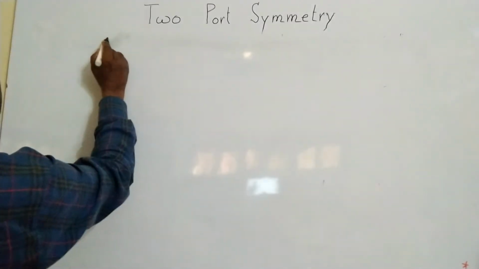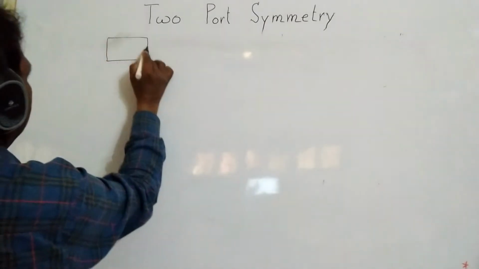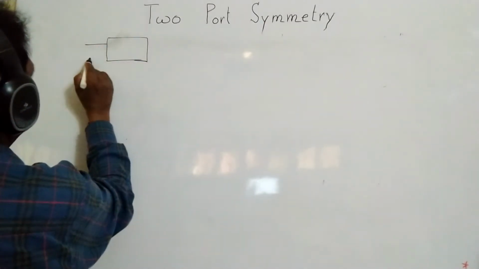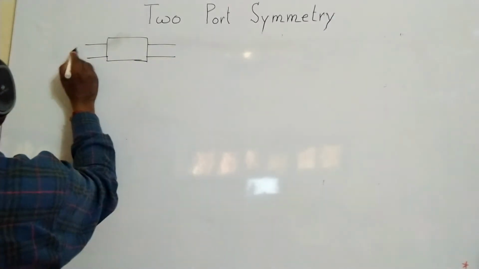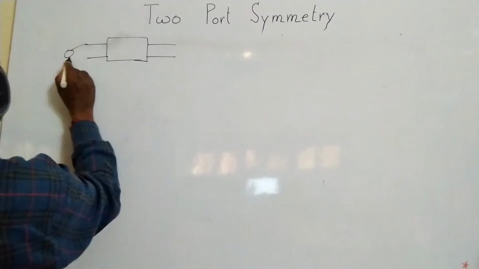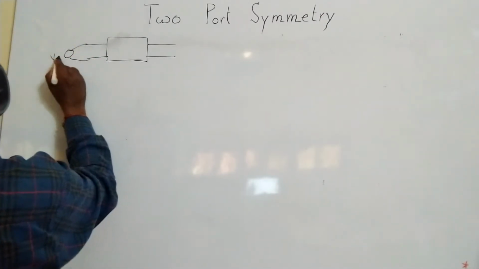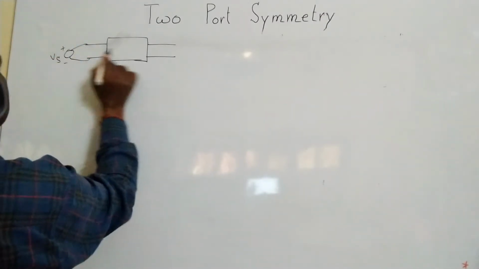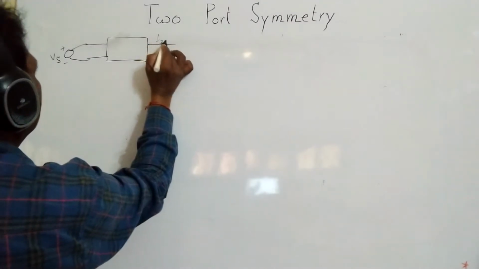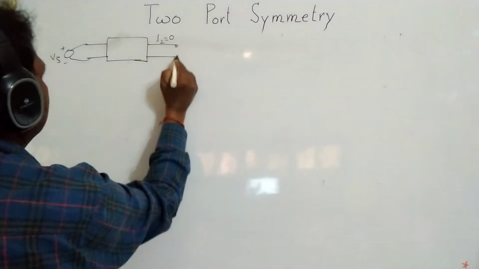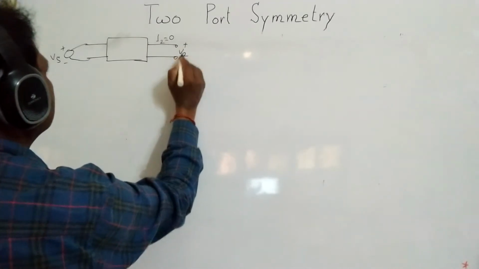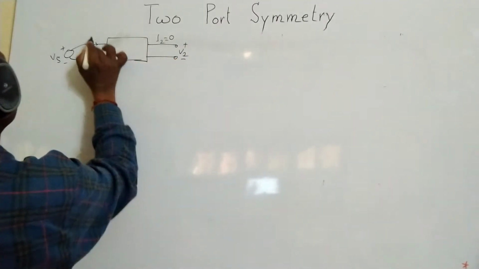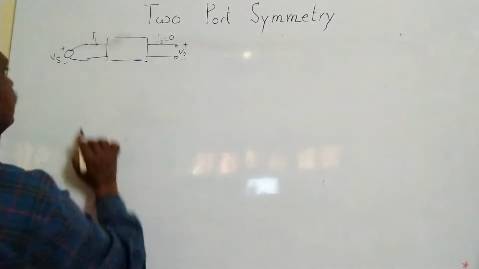We have obtained that if there are two two-port networks, here this was connected to Vs and this was made open circuited, this current was I1.